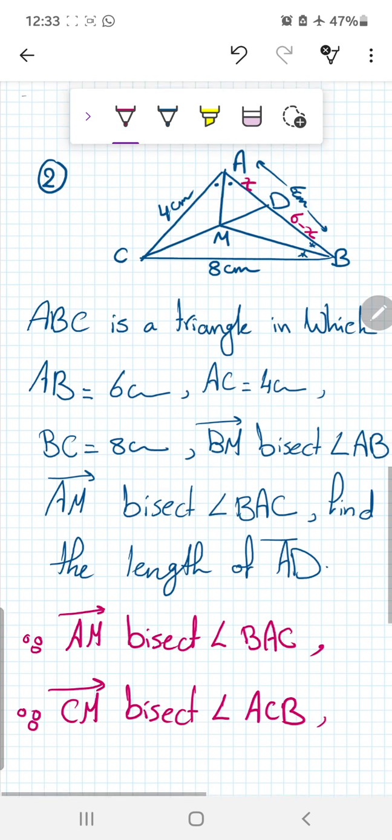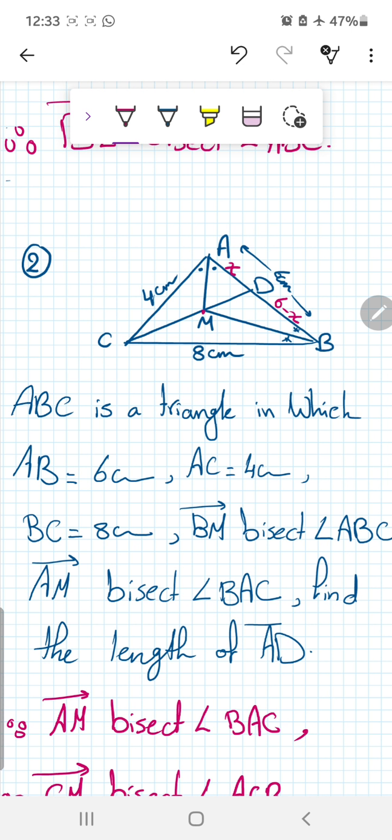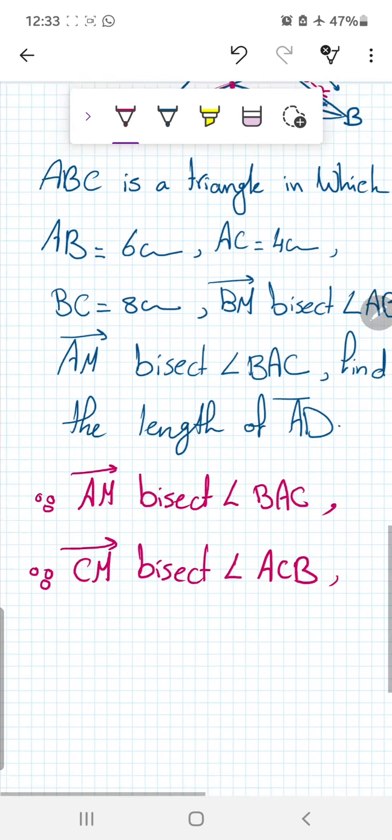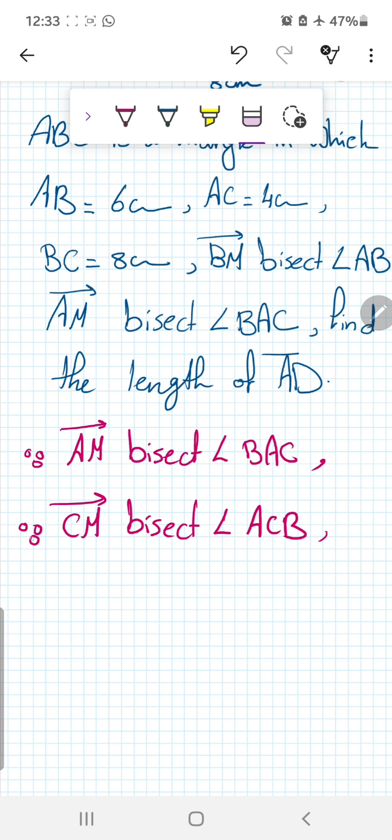How? Because M is the point of concurrence of BM, which is a bisector, and AM, which is a bisector, and they intersect at M, so CM also is a bisector.